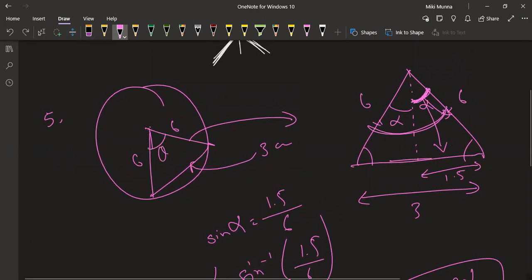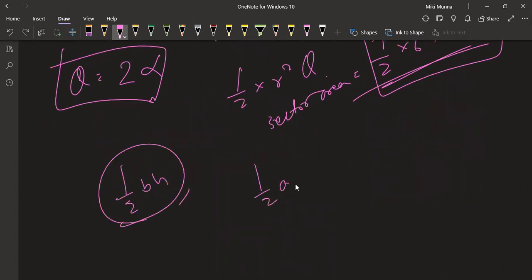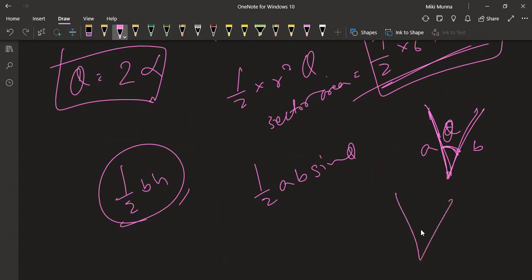We know the triangular area could be found as half into base into height, but we can also use the formula half AB sine theta, where A and B are the lengths adjacent to this angle theta. Between the two sides A and B is the angle theta. Using this formula, we can find the area of the triangle.